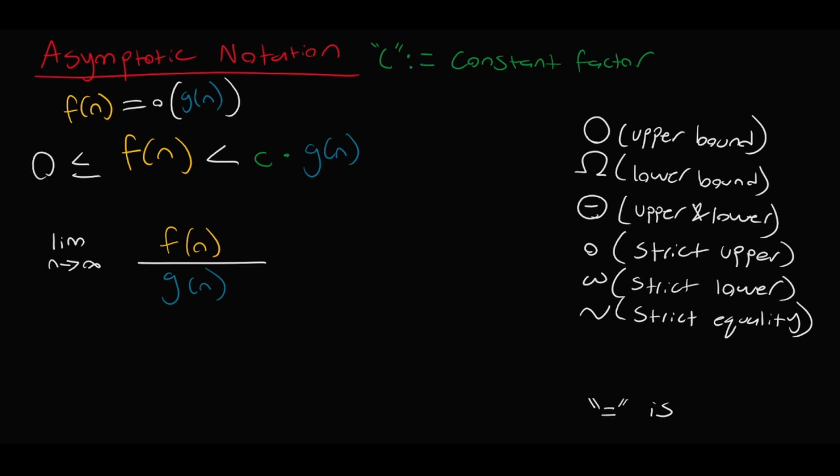If g of n strictly dominates, it is just bigger, so the ratio of f of n to g of n is going to get smaller and smaller, approaching 0. It shrinks to 0. It can't touch; as we go to infinity, it flattens out to 0. That's how we write this.